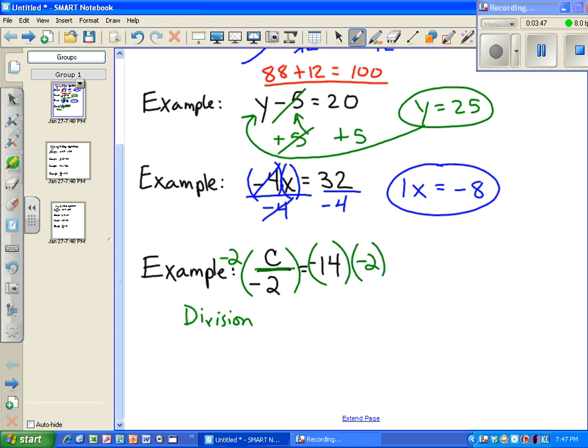Now what that does is it makes these two things cancel out, kind of like we saw right up there. It means it becomes a 1. We have a 1c. On the other side, this becomes negative 14 times negative 2, and remember, a negative times a negative really makes a positive, which is 28. So our answer is C equals 28.